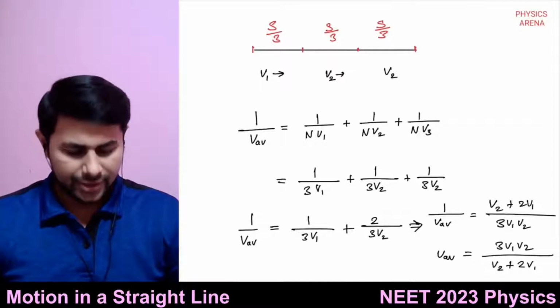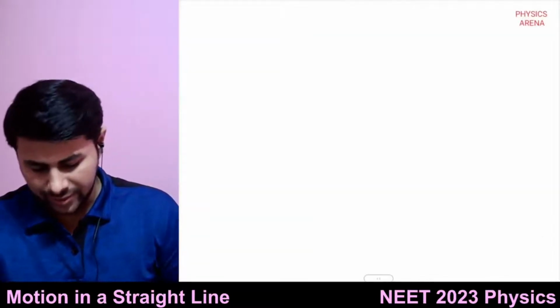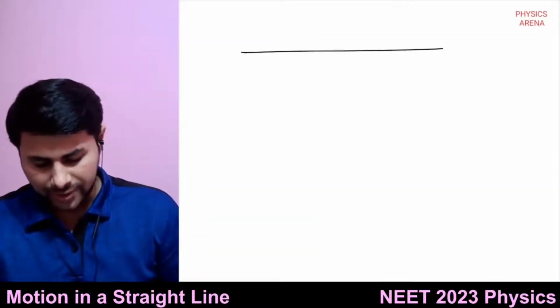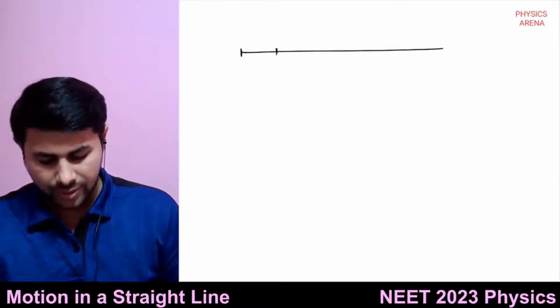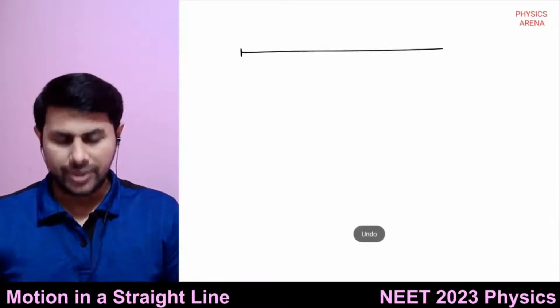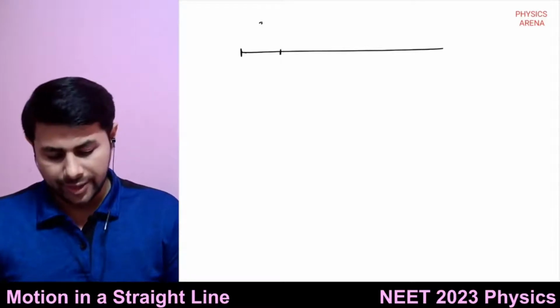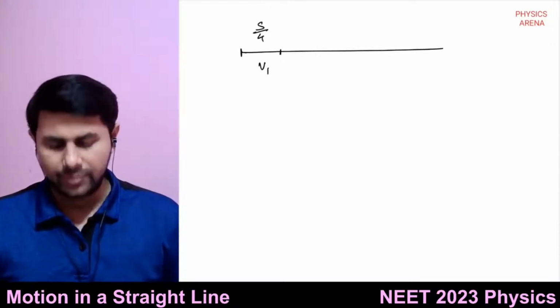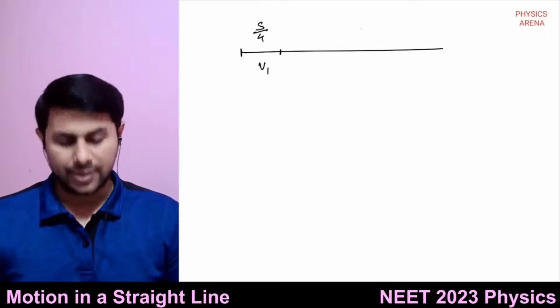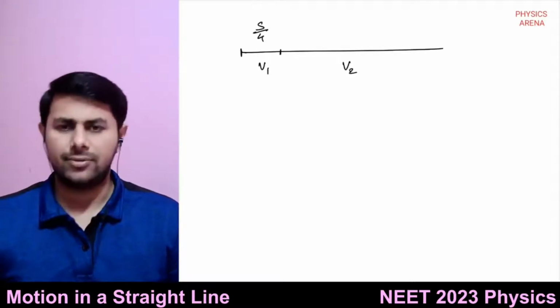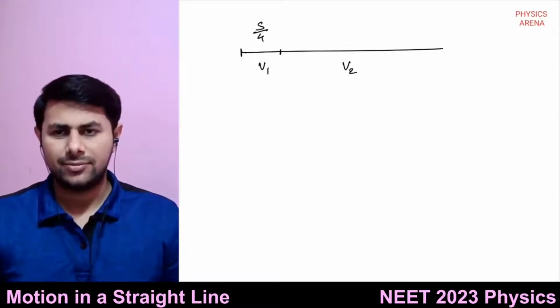Let's say instead of this, if I divide it into 4 parts. So let's say the problem is like this. The car covers distance equal to s by 4 with speed v1 and the remaining distance with speed v2. Now what will be your answer?